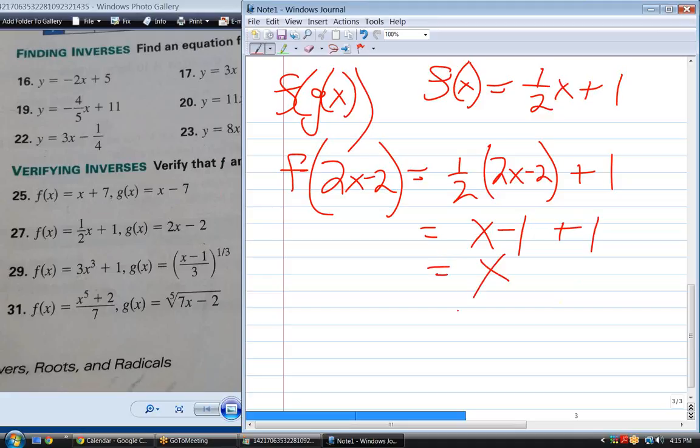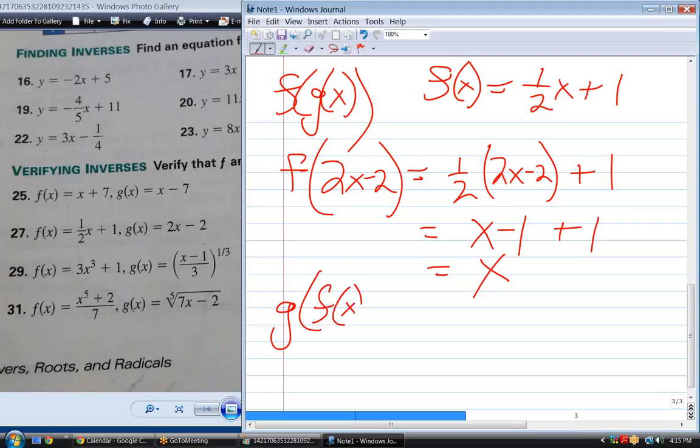Now, did your teacher specify that you needed to do both tests, or is one sufficient? You didn't really explain this very well, that's why I don't get it. Let's do both tests. Our f of g of x is equal to x, but let's look at g of f of x instead.